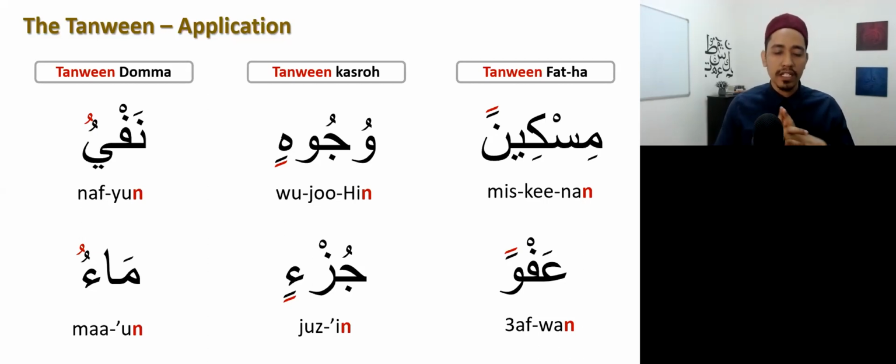However, I want to answer that question. So if you're able to read already, you would know that, and that's where the question came up: does it represent a stop? So the Tanween, like the harakat and like the sukun, like any other marks, doesn't represent anything besides its function.